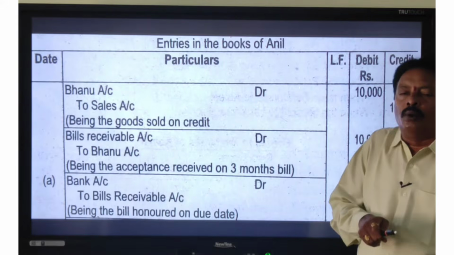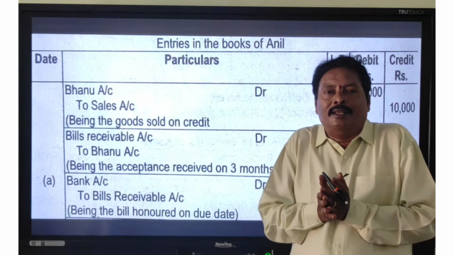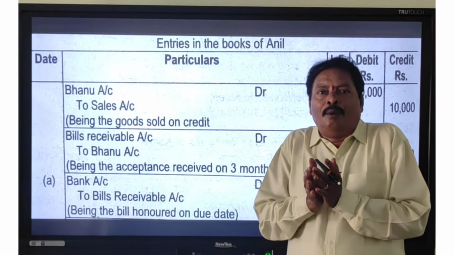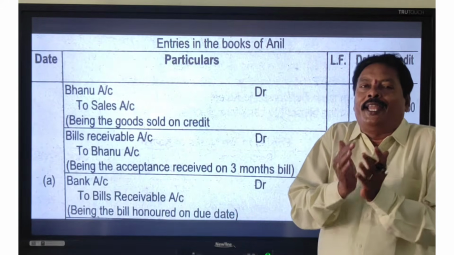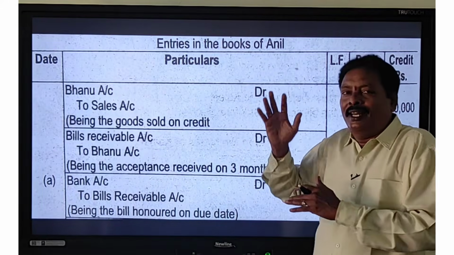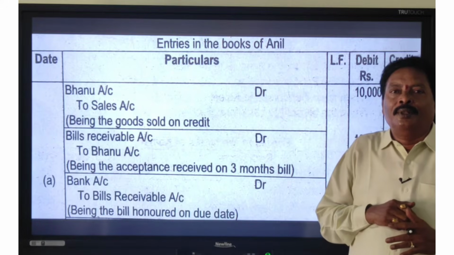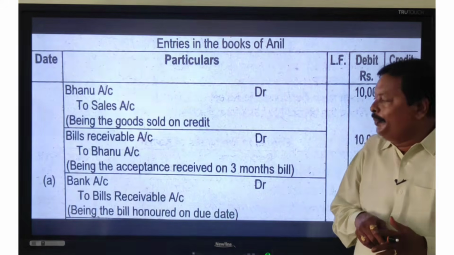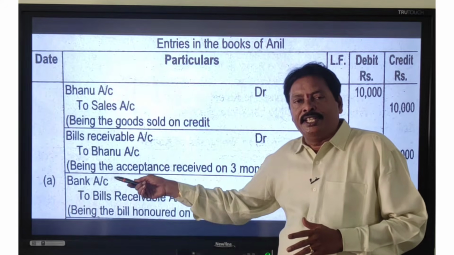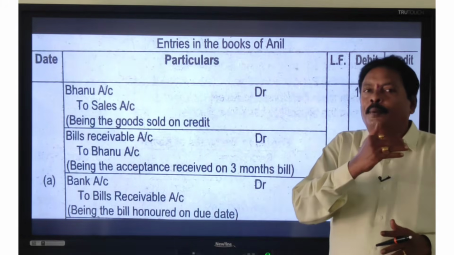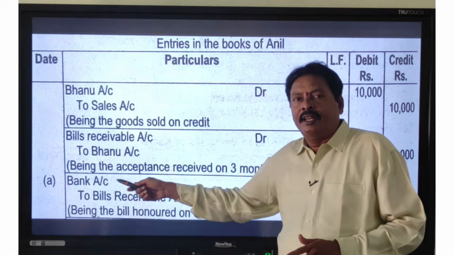And finally, on the due date, the amount is received from Banu. Banu settled his account after 3 months. That means Banu paid cash to Anil and got back that bill. At that time, cash is received from Banu. Bank is a real account. Debit what comes in.